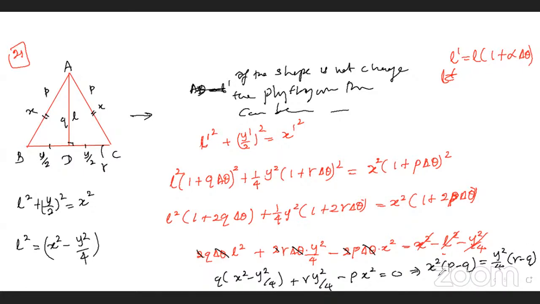After simplification, theoretically you need to get this one. When it is heated, if the shape is not changed, that means it's the same mathematical relation. Pythagoras theorem can hold at any temperature. So that's right.